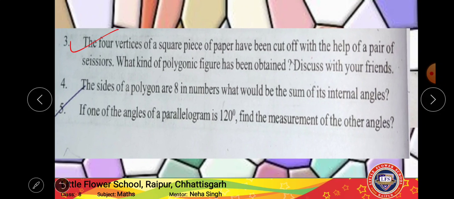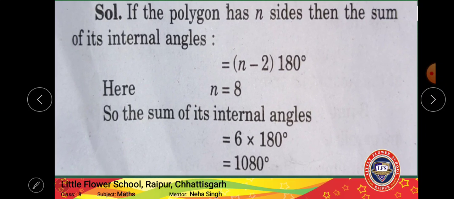The fourth question: the number of sides of a polygon is 8. What would be the sum of its internal angles? See, there is a formula for internal angles. First of all, how many sides are given? N sides, right? If n sides are given, the sum of angles is (n minus 2) into 180 degrees.